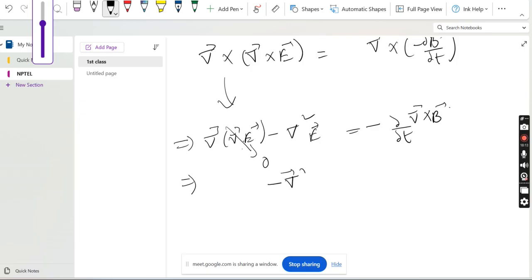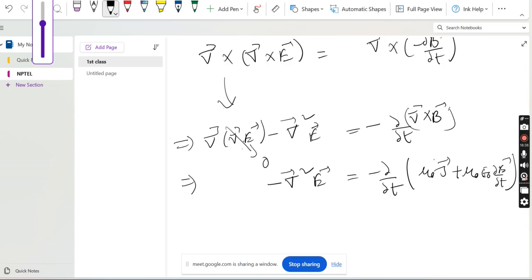And from the Ampere-Maxwell law, we know curl of B is mu naught J plus mu naught epsilon naught del E by del t. For a current-free medium, J is 0. So we get del square E equals mu naught epsilon naught del square E by del t square.